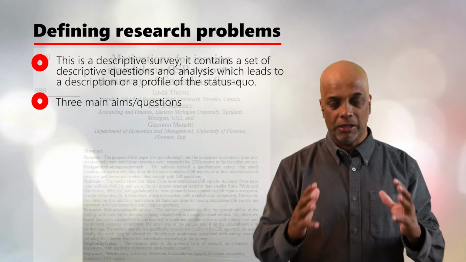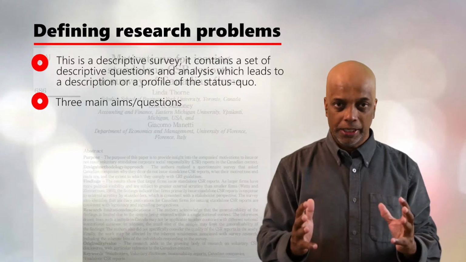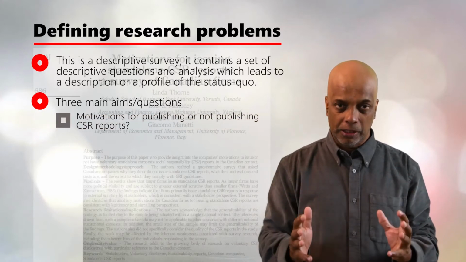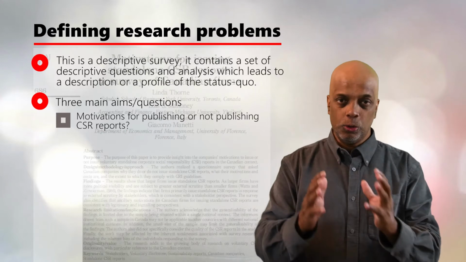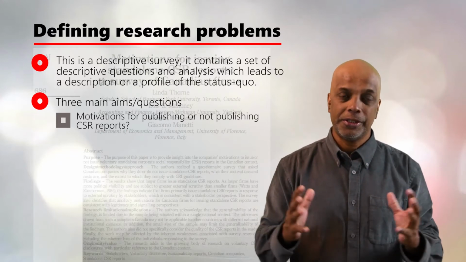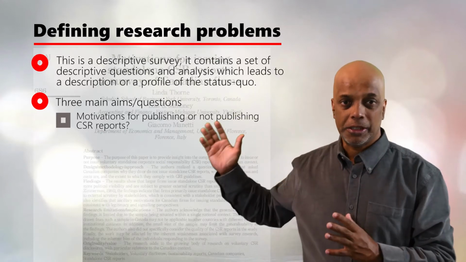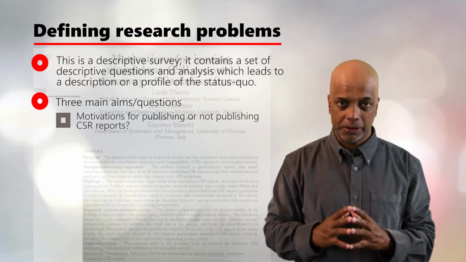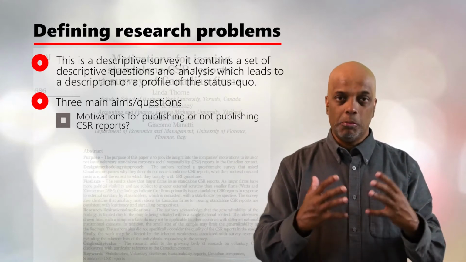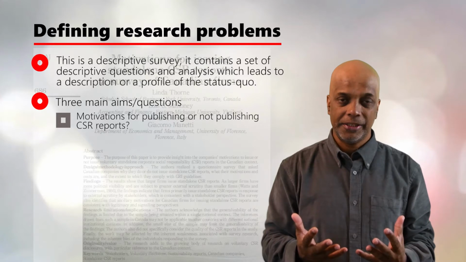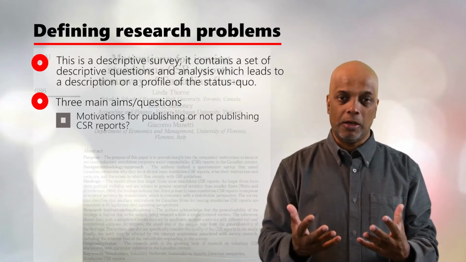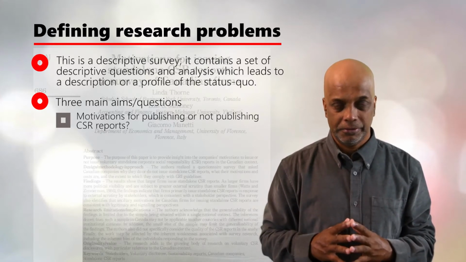The first one is they want to know why Canadian firms either publish or do not publish standalone CSR reports. That means they want to know the motivations behind the publication of CSR reports.